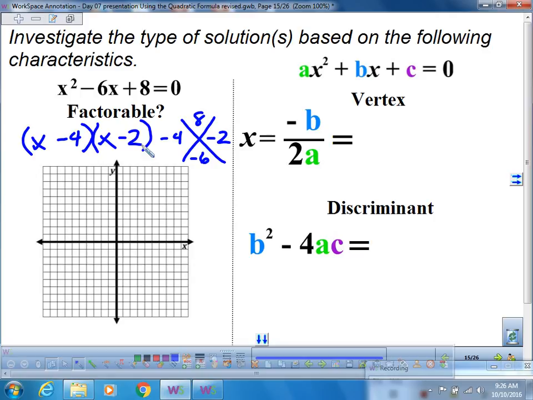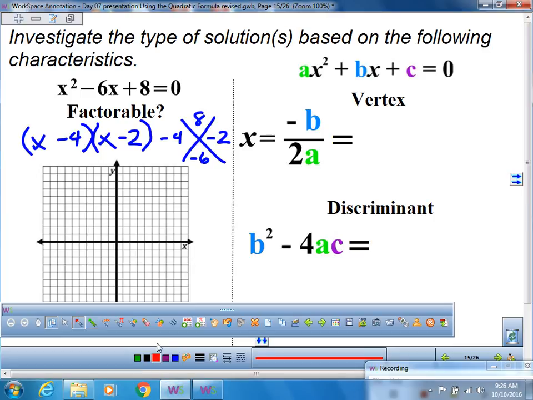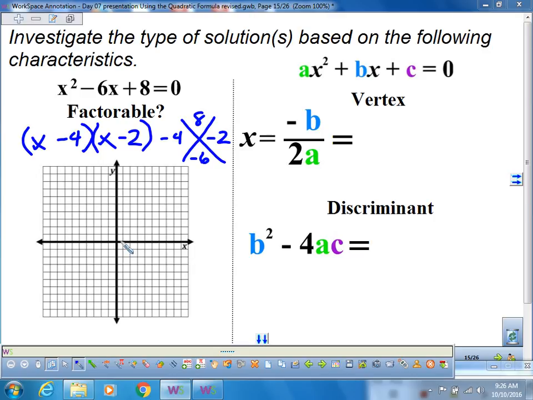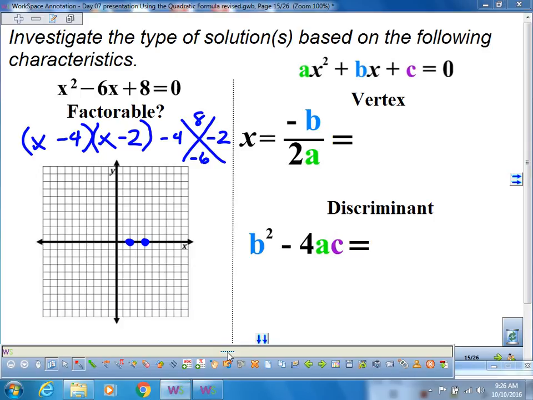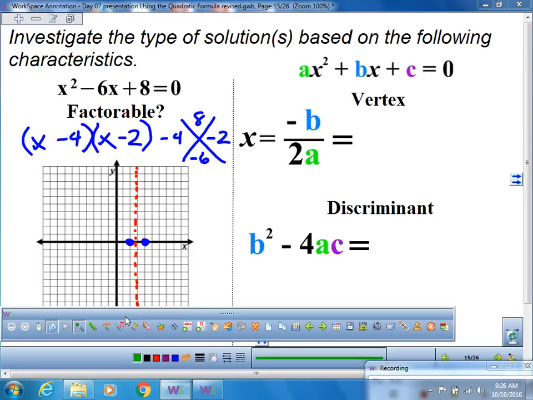So without even doing any of the work, I can already graph this. I know my zeros are at 4 and 2. 1, 2, 3, 4. That means my axis of symmetry is where? X equals 3, right? X equals 3, and I have a y-intercept at 8, which makes sense.